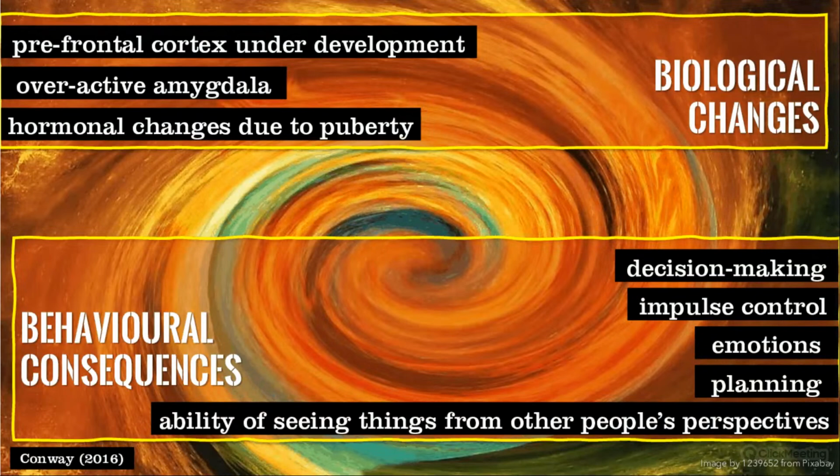So we need to help them develop this ability. This is related to the prefrontal cortex as well. We need to help them develop this ability to actually understand the impact of their actions on others. So how other people will feel if you do something.